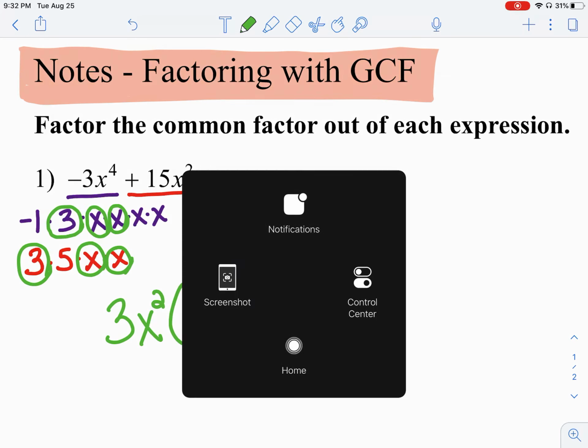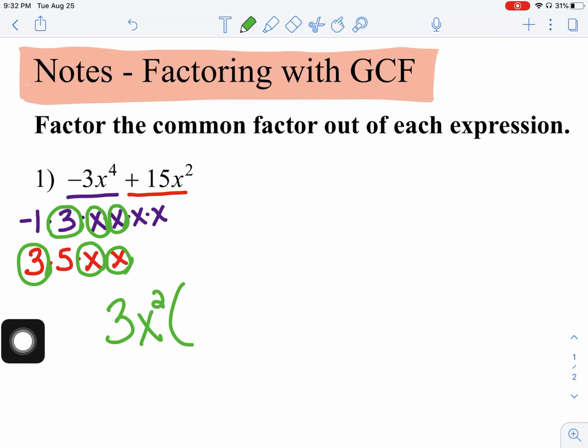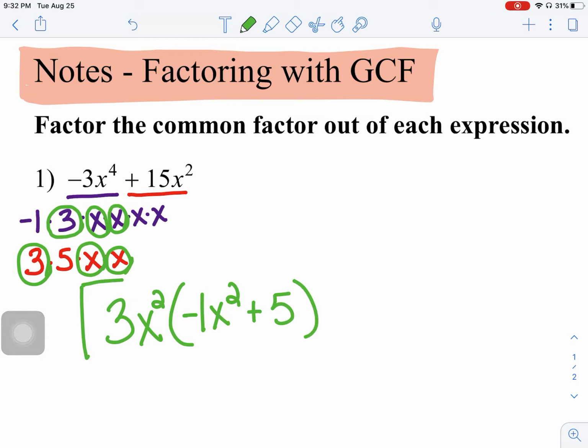So if I put those all together, I would have negative 1x squared. And then if I look at what's left over from the red, the only thing left over is a 5, and it is a positive 5. So that is the factored form for negative 3x to the fourth plus 15x squared.